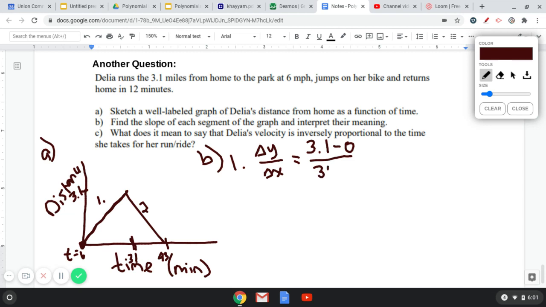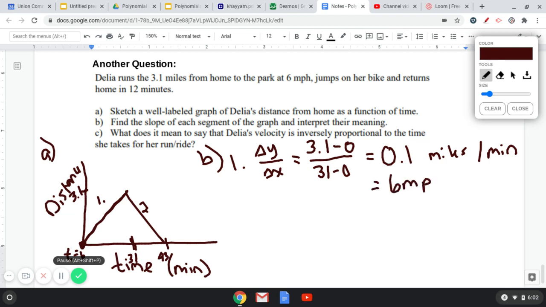Change in x, well, we start at 0, we go to 31. So this change in y over change in x, which is 0.1. So this means she goes 0.1 miles per minute, which if you were to convert that to miles per hour, we take this 0.1 times 60, which is the same thing as 6 miles per hour.